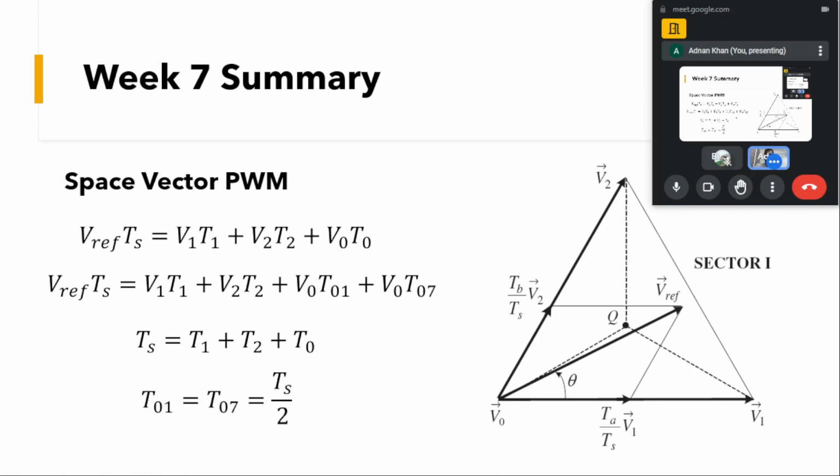And like I told you, t01 and t07 will be equal to ts by 2, that is, half of the time period for which the zero vector is turned on.